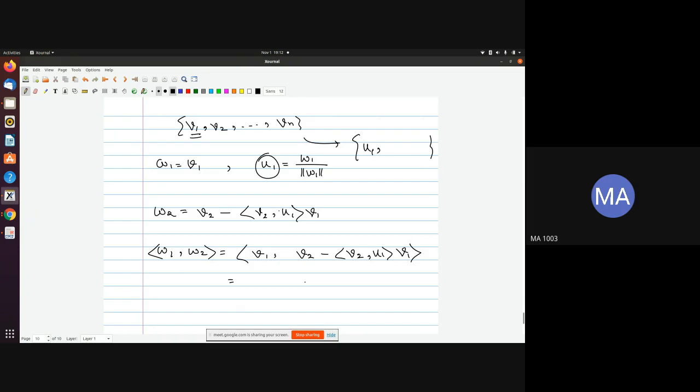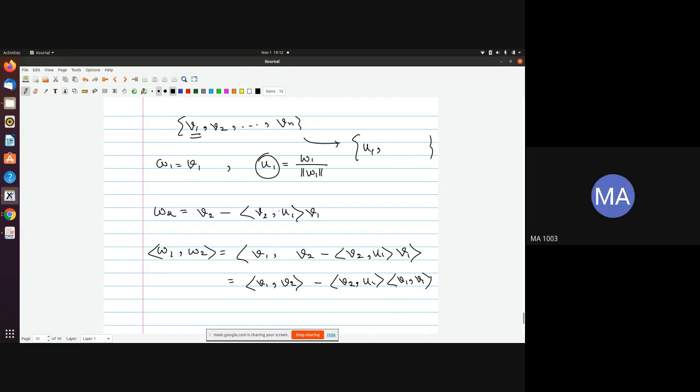Yes, sir. What is the inner product of W2 and U1? That is what I am asking. It is the inner product of V2 and U1, minus the scalar, which can be taken out, times the inner product of U1 and U1. Correct? This is what I am getting, right?